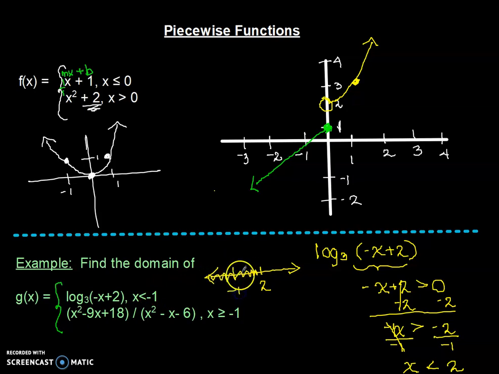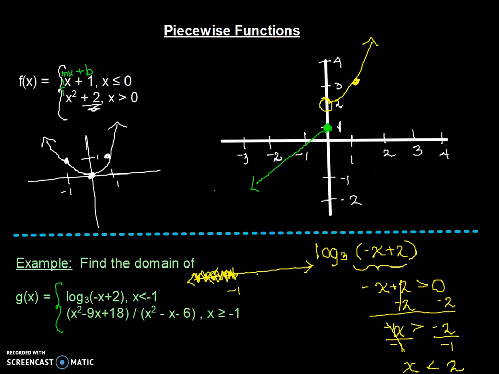So I can use all the numbers from here on. Everything else is not being used because it's not within the condition. So that's kind of my way of notating it for the first one.